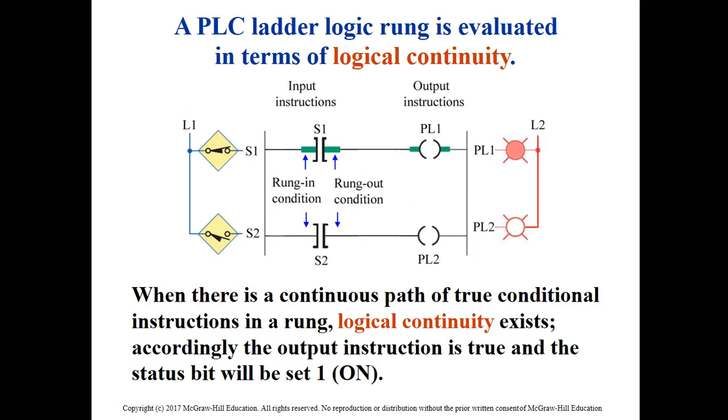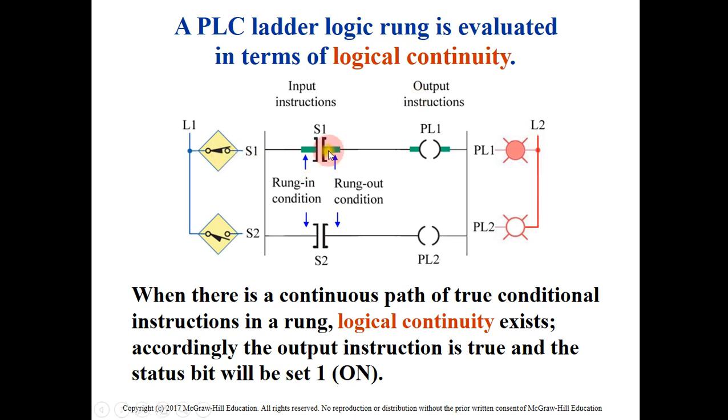This is the direction of electrical continuity that should be achieved in order to give you an output. The PLC ladder logic is evaluated in terms of logical continuity. The status of the instruction inside your ladder logic program indicates the status of the real device. For example, here we have switch number one, and its status is closed, or connected.